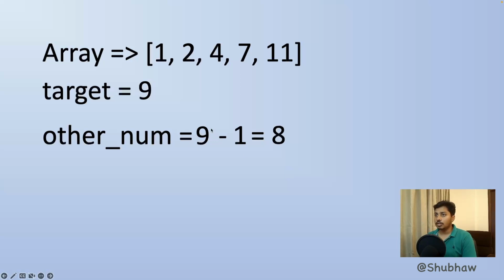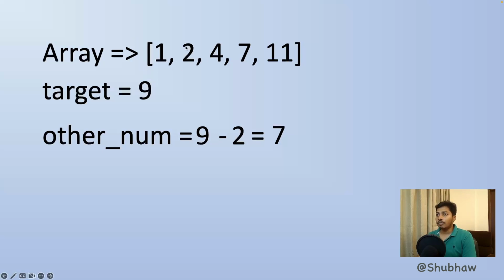Similarly, if I am choosing 2, I need the other number as 7. So our approach can be that we traverse all numbers in one pass while calculating the other number and checking if we have already found that number. Whenever we are at 1, we check whether we have already found 8 or not.